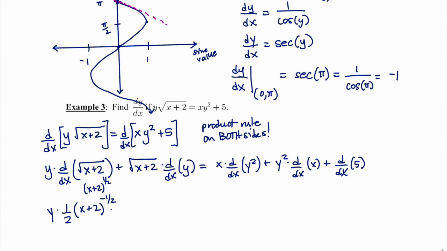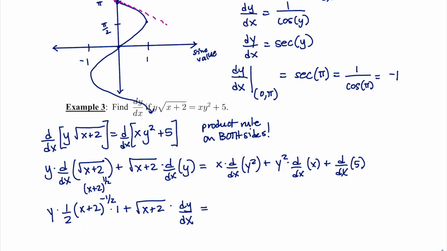Multiply by the derivative of the inside, which is just 1. And then add the square root of x plus 2 times the derivative of y with respect to x. And that is exactly just dy dx, right? The derivative of y would be 1, multiplied by the derivative of the inside, which is just dy dx.